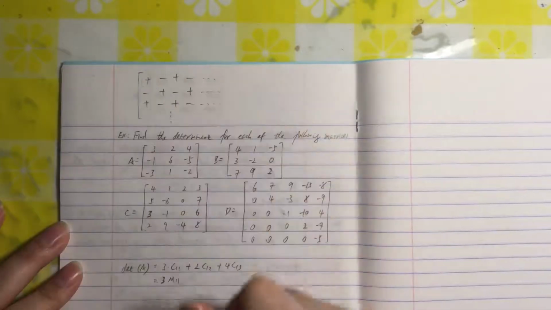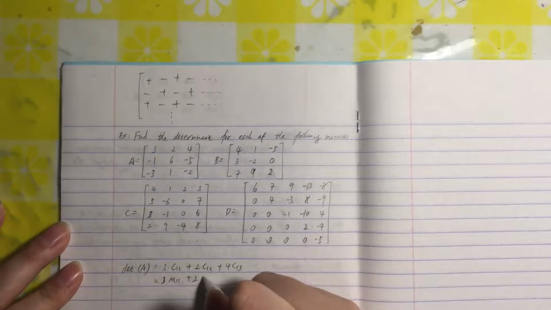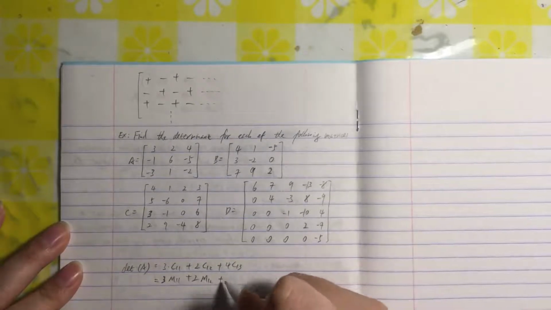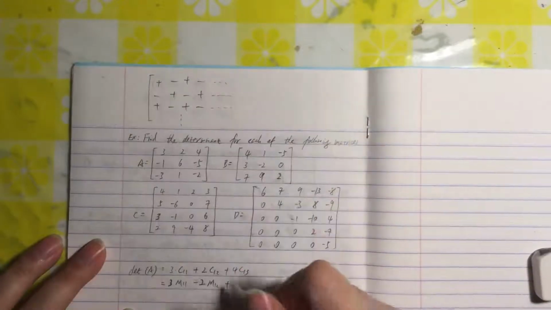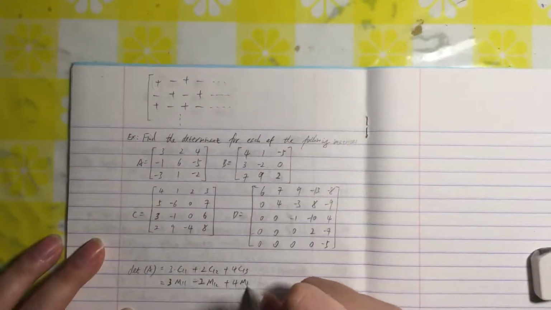The second entry is negative, 2 times M12. The next entry is positive, so we have positive 4 times M13.